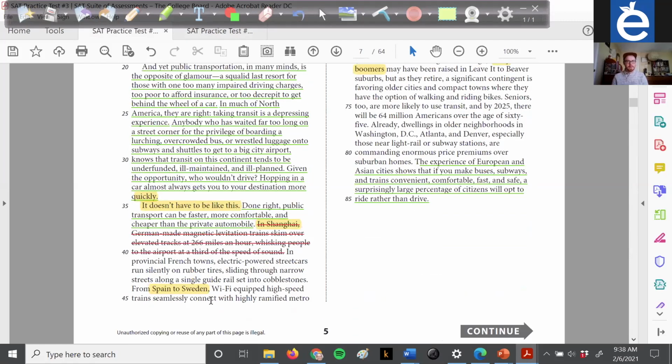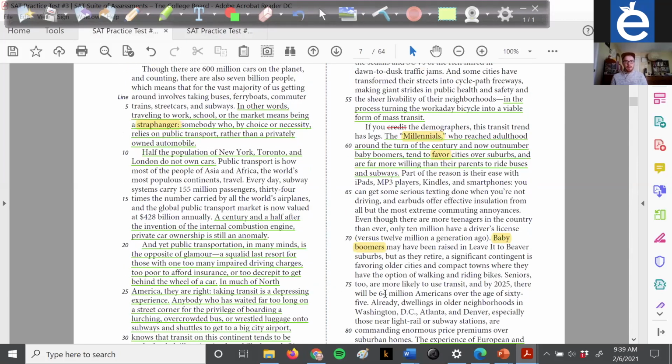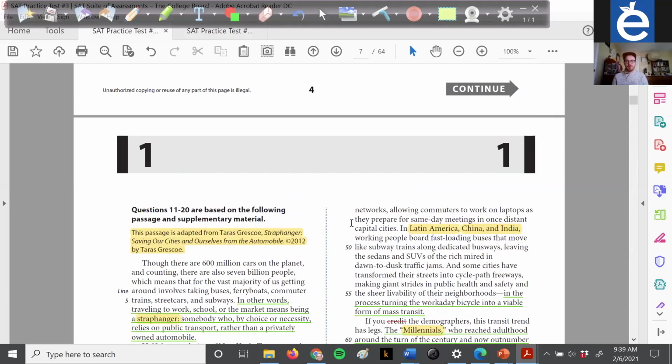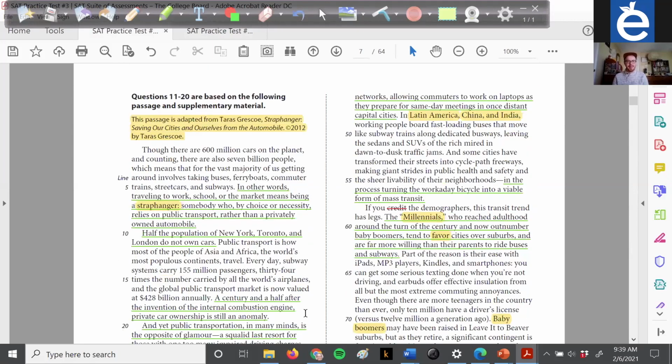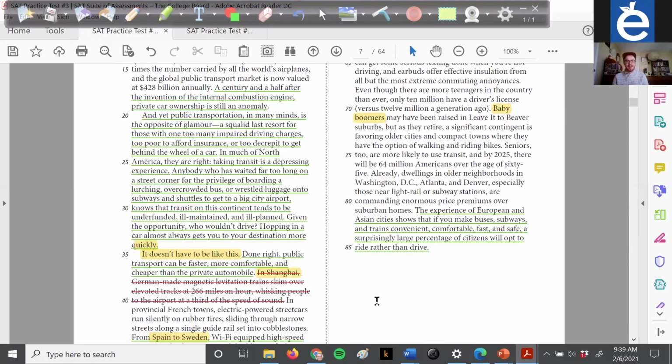"From Spain to Sweden, Wi-Fi equipped high-speed trains seamlessly connect with highly ramified metro networks, allowing commuters to work on laptops as they prepare for same-day meetings in once distant capital cities." Okay, no, that's an example. That's not the main idea. That's just another example, exactly like the Shanghai example.